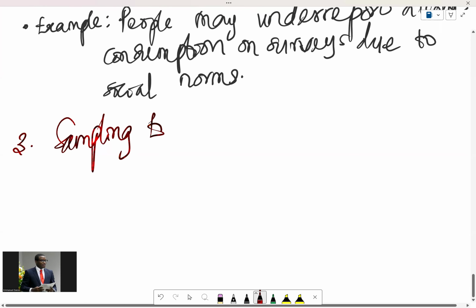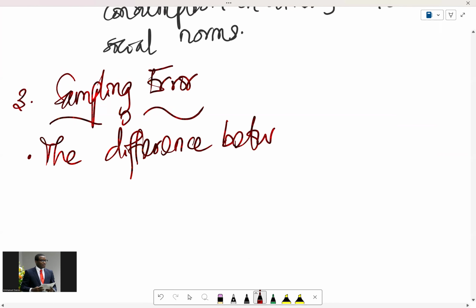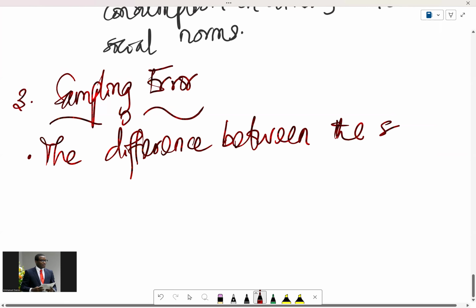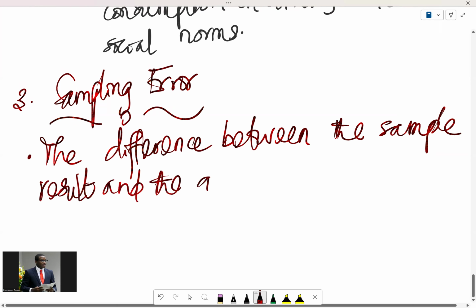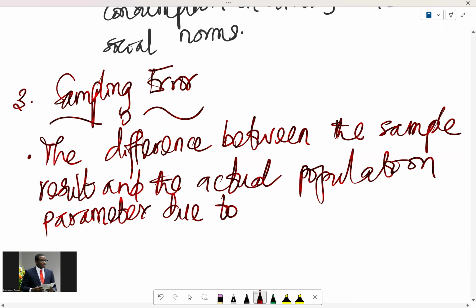Sampling error is the difference between the sample results and the actual population parameter due to random chance.